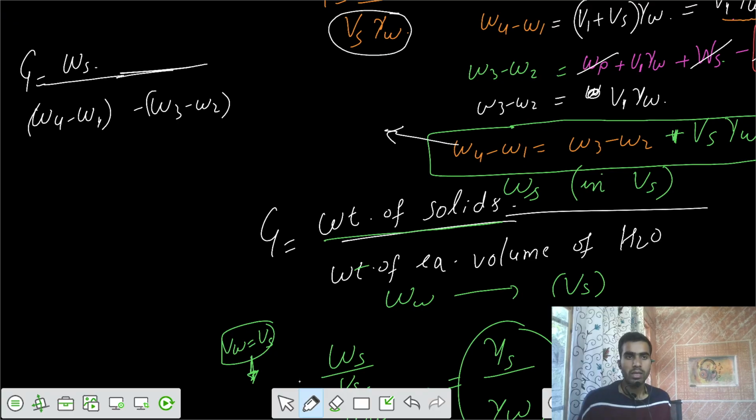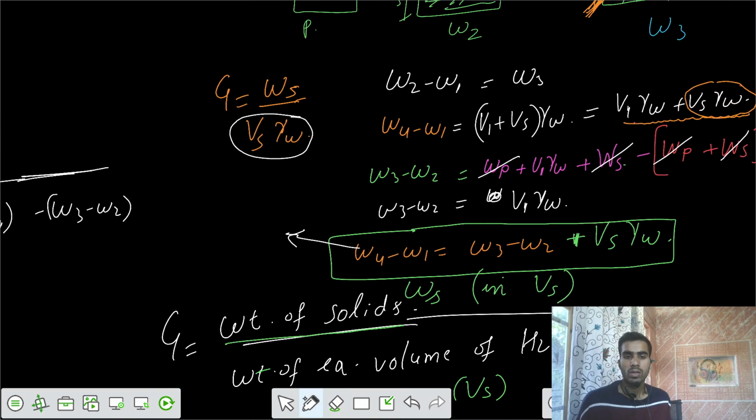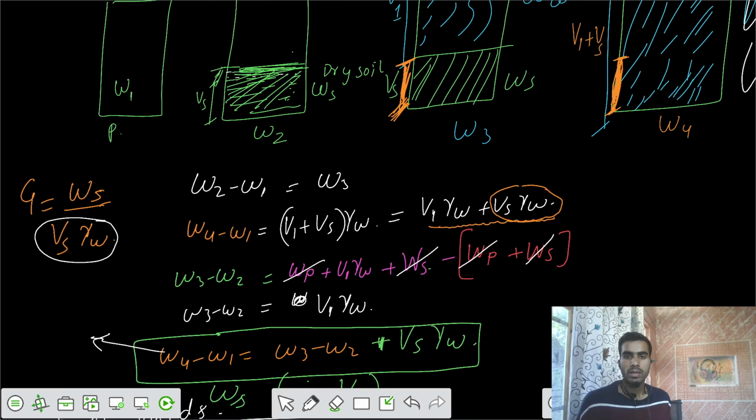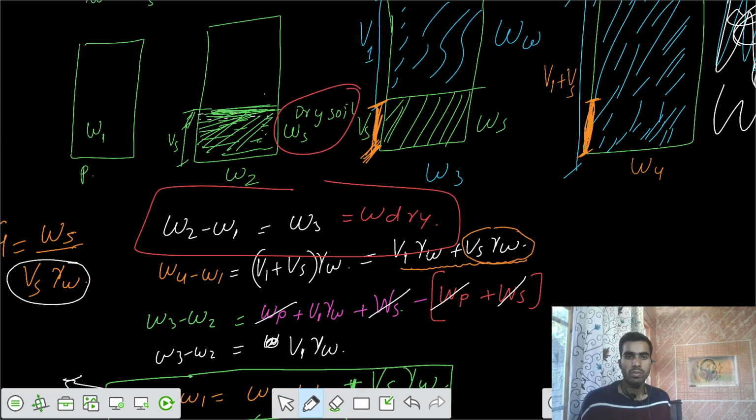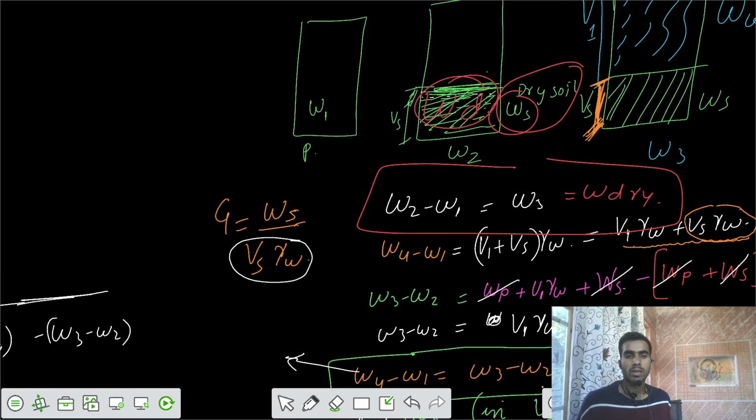What is Ws actually? Ws is the dry weight of soil. That is the dry soil we have, the weight of solids. So we can write Ws as W dry, that is W2 minus W1.